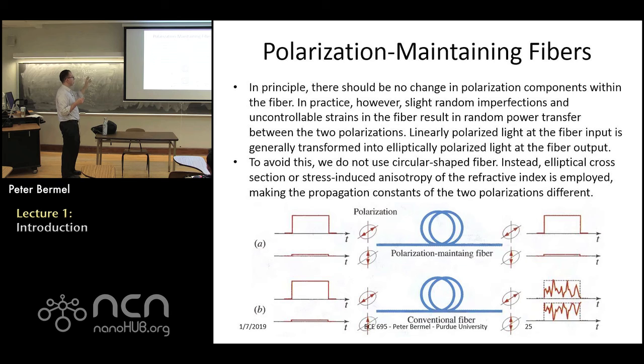One of the key things we can do is break the symmetry to some extent between the two polarizations by creating slight ellipticity in the fiber itself. This is deliberately breaking the coupling between the two polarizations.